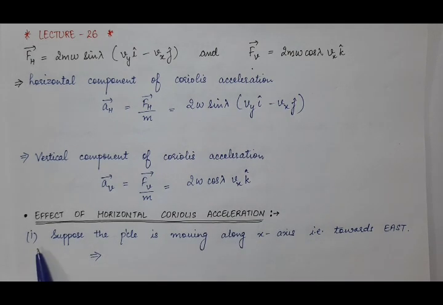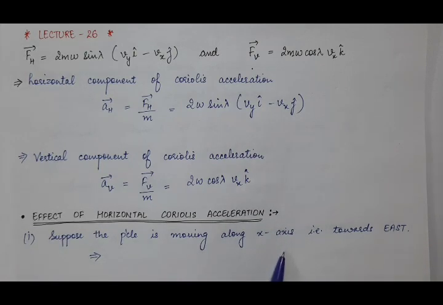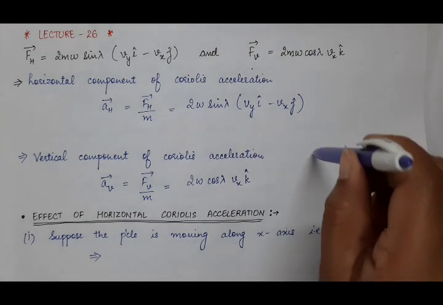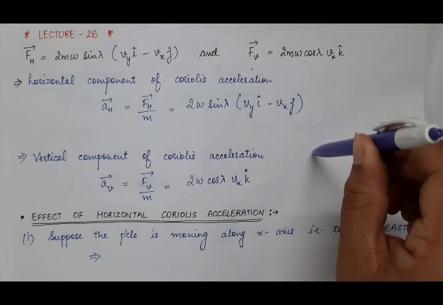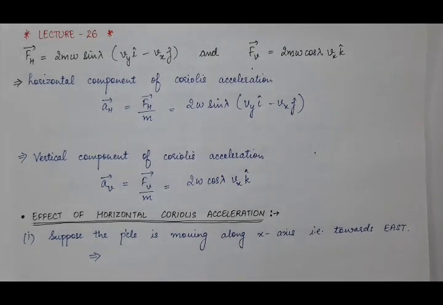In the first case, suppose the particle is moving along the positive x-axis. In the previous lecture we drew the diagram where the x-axis was into the plane of the paper, that is, towards east.